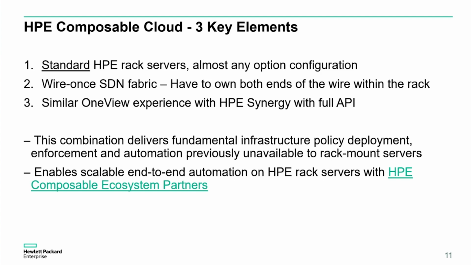So this is about rack level, row level fabric, and optimizing that for mixed workload and composable workload environments. In order to provide full end-to-end automation on rack servers, you have to own both ends of the wire within the rack to give you that programmability.